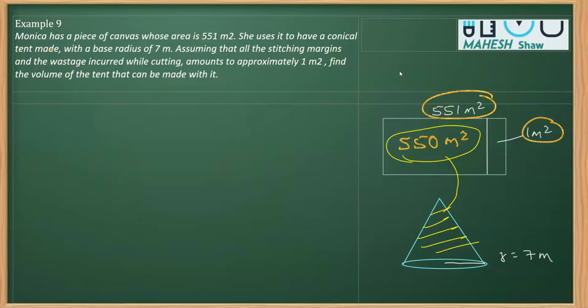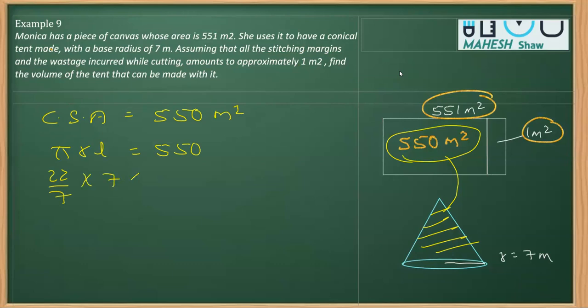So we can say that the curved surface area, CSA, is equal to 550 meter square. Later, we can replace this curved surface area with its formula, which is pi r l, which is equal to 550. Now, pi is 22 over 7, r is mentioned as 7 in this question, and l we are required to find out first in order to get the height.